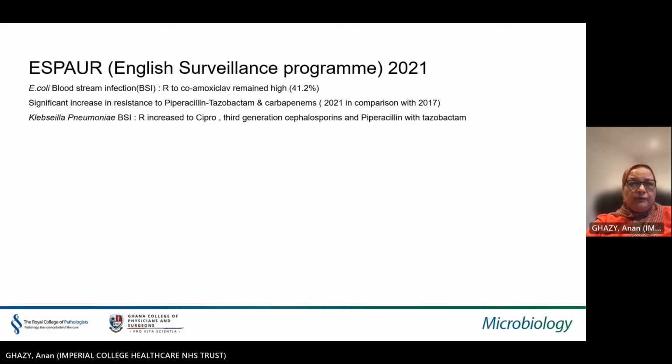It comes to up to 41.2%, and there is a significant increase in resistance to piperacillin-tazobactam and carbapenems in 2021 in comparison with 2017. Then for Klebsiella pneumoniae bloodstream infection, there is also increased resistance to third generation cephalosporin and piperacillin with tazobactam.